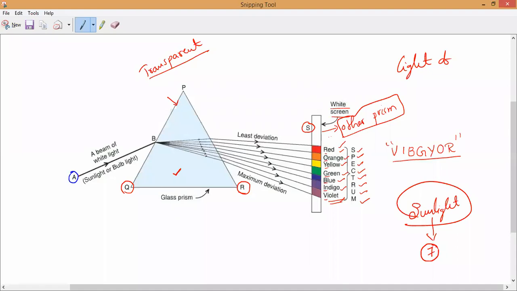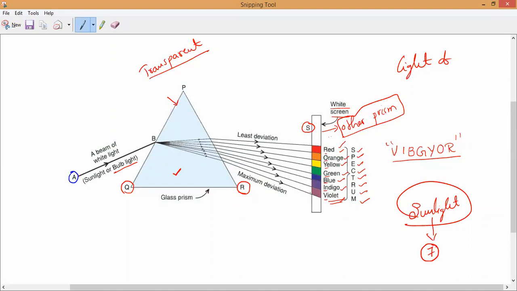Seven different colors of light. That is why we can see the spectrum of light, the formation of a patch of seven colors on a white screen. But instead of sunlight, if you take any kind of bulb light, it will also produce the same spectrum of light.